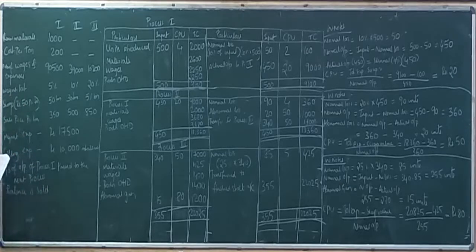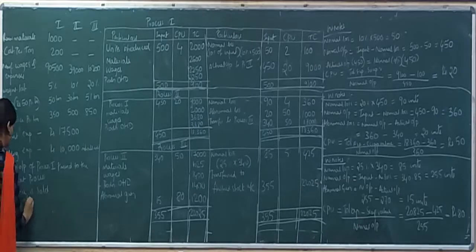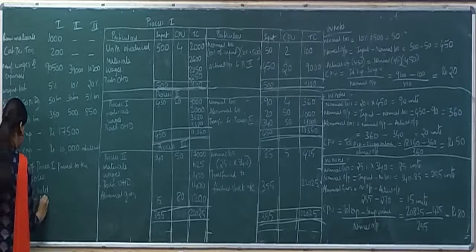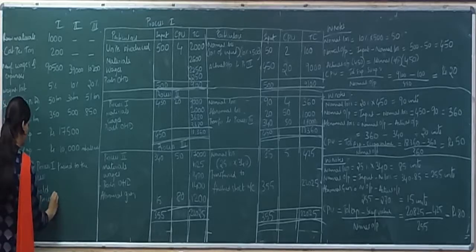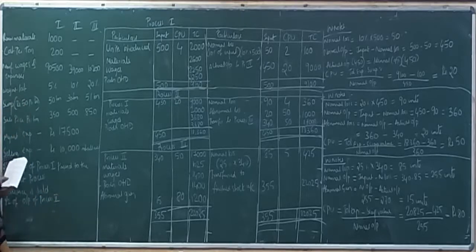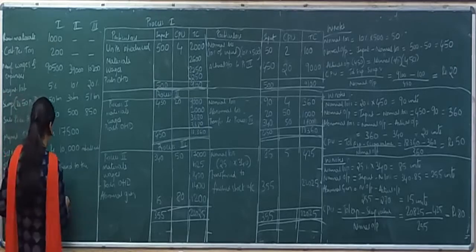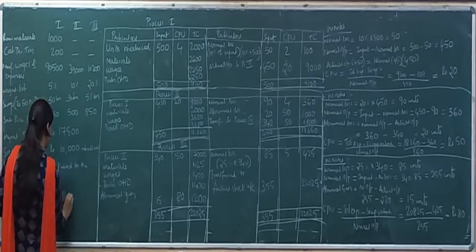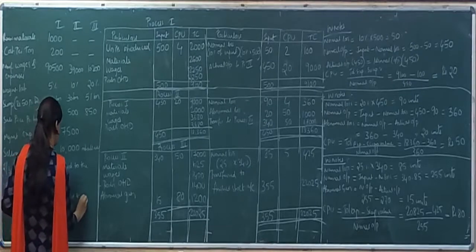Next, half of the output of process 2 are passed to the next process.